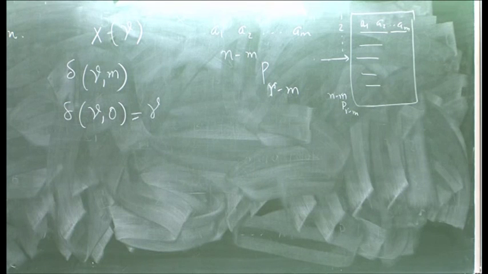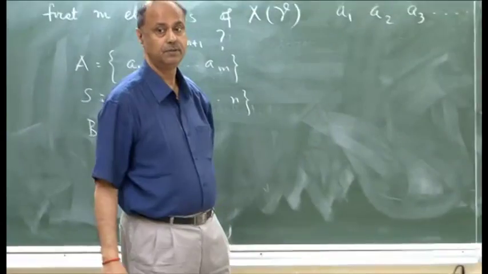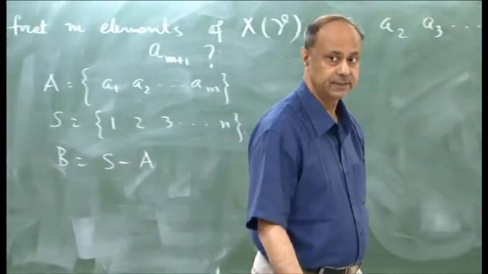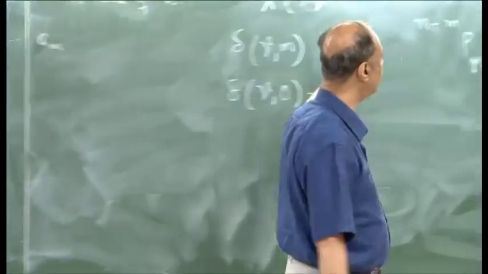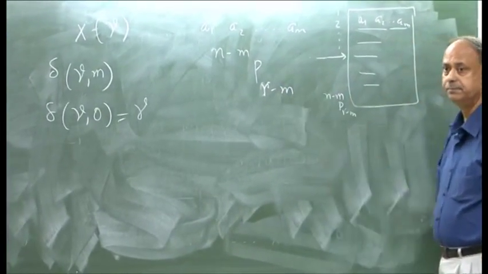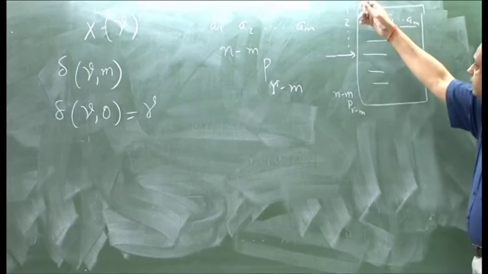The m variable we have taken indicates the number of elements you have already generated. So there are m values you have already generated. These elements are a1, a2 and so on.